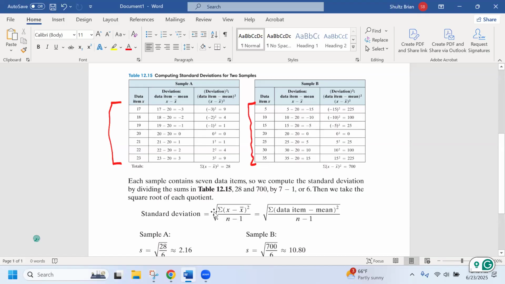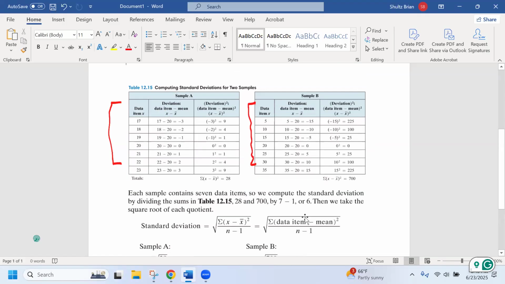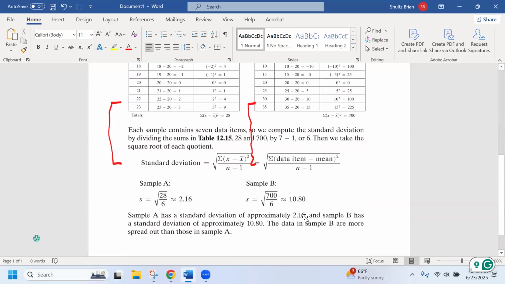And then you had to do a bunch of work down here. The standard deviation is the square root of the sum of the squared deviations divided by the number of terms minus 1. This is a bunch of work that you are not going to have to do, and you're going to be so glad that you waited to do this for now.